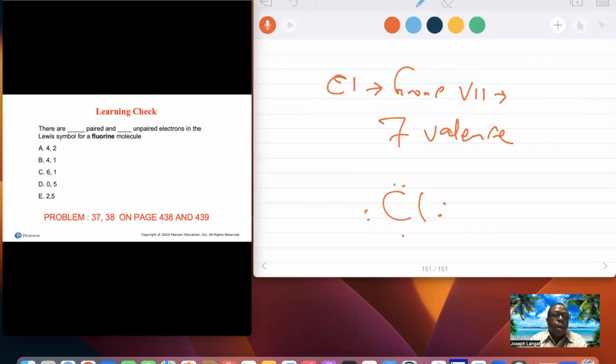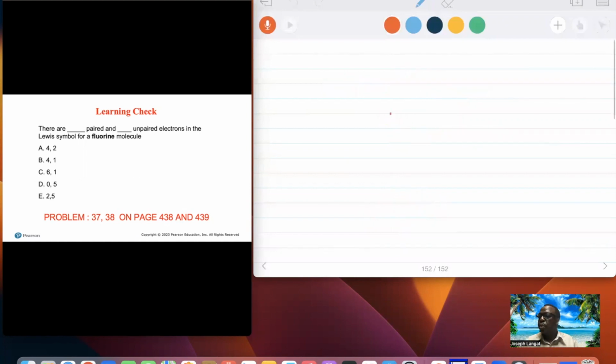Now, here is another learning check question. There are blank paired and blank unpaired electrons in the Lewis dot symbol for fluorine. So it should be for fluorine: 1, 2, 3, 4, 5, 6, 7.